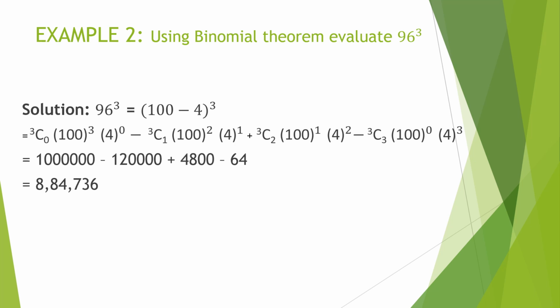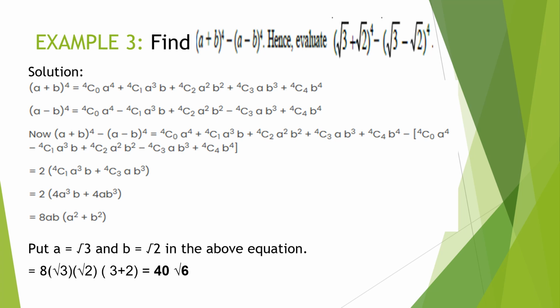Remember, when it is minus sign in between, the plus and minus occur alternatively. So when you simplify this, see how easily 96 cube can be obtained. It is equal to 884736.